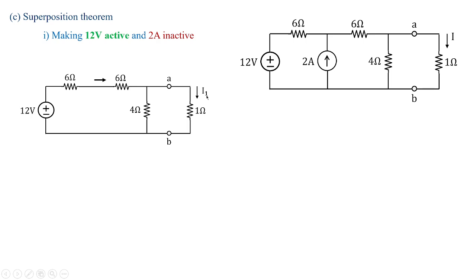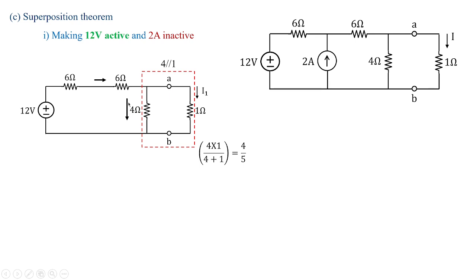The main current would be flowing through the 12 volts source. You can observe here 4 and 1 are in parallel. When they are in parallel, 4 parallel to 1 leads to 4 by 5, which is roughly equal to 0.8 ohms.